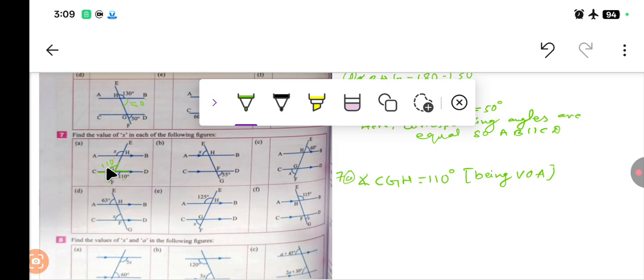So when we got this, now we can have a relationship with x. One exterior, one interior on the same side of the transversal. Two angles are on the same side. And again now, x is equal to angle CGH, that is equal to 110 degrees. Here you will write being corresponding angle.